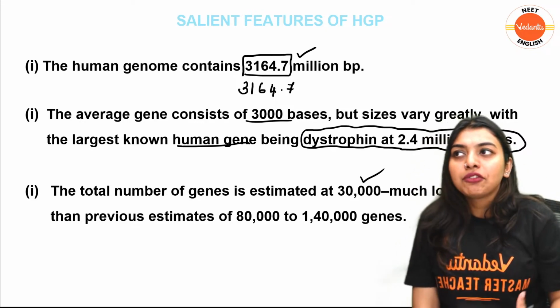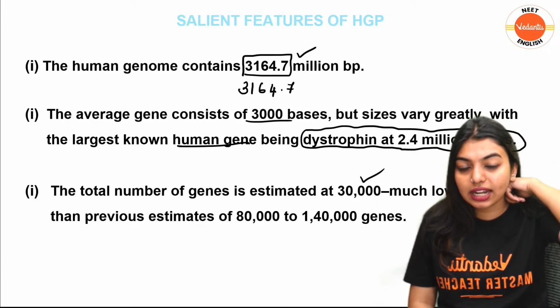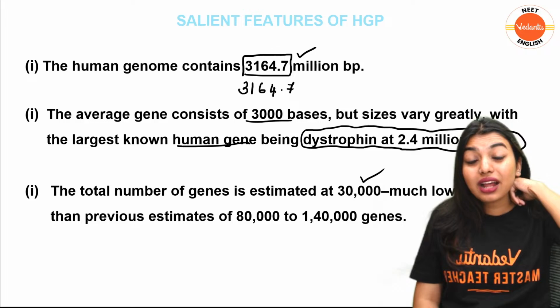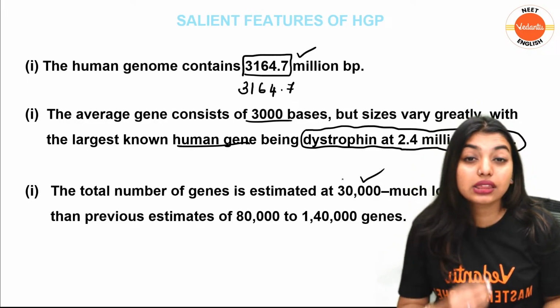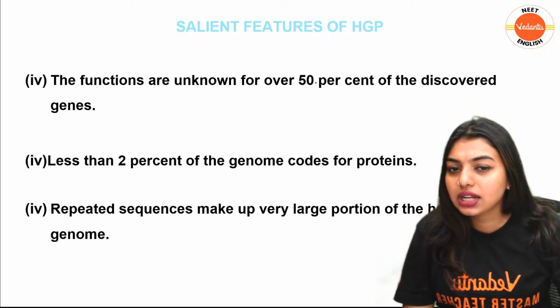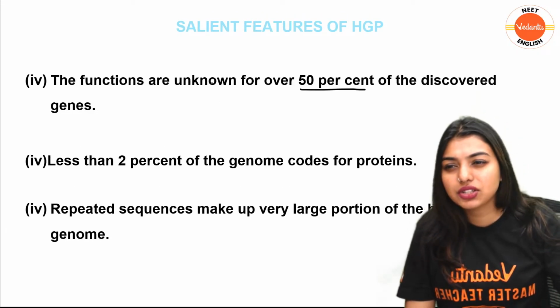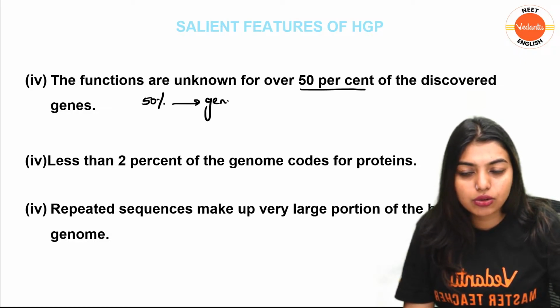So before, without even knowing this HGP, people used to think, oh, maybe we have around 80,000 to 1,40,000 genes. But after they understood this HGP, they realized that the total number of genes is estimated at 30,000. Now, the functions are unknown for over 50% of the discovered genes. Only 50% of genes, we have an idea what these genes are doing actually.